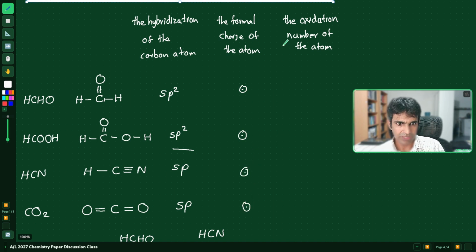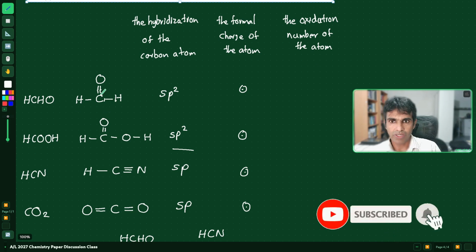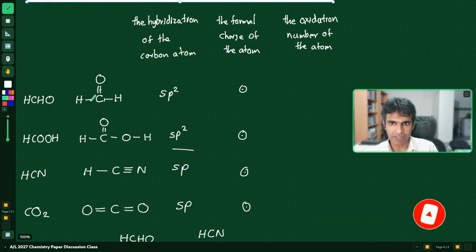So then we need to bother about the oxidation number of carbon atom. We know that electronegativity of carbon atom is higher than the electronegativity of hydrogen. Therefore, due to this carbon-hydrogen bond, the oxidation number of carbon atom is -1 because electrons are attracted to the carbon atom.